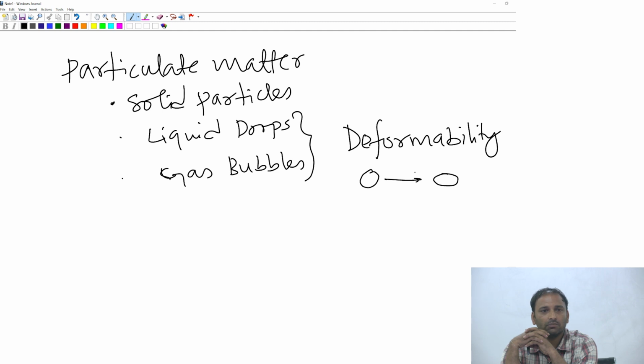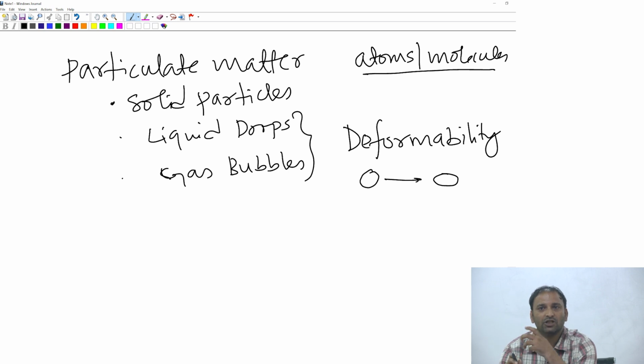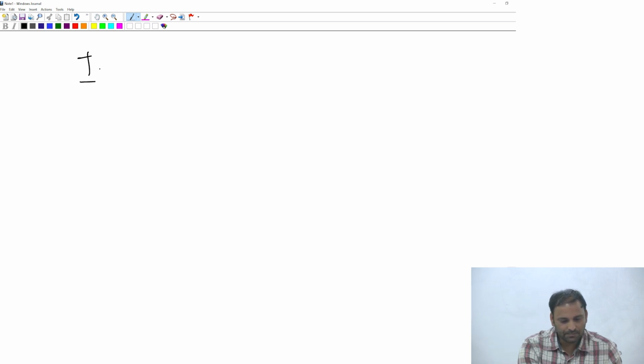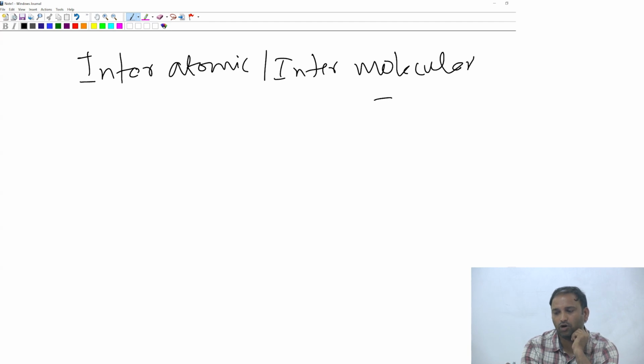Now, what is the constituent of each of these particulate matter? Everything is basically made up of atoms or molecules. So when we have atoms and molecules that constitute this particulate matter, you should know a little about atomic or intermolecular forces.